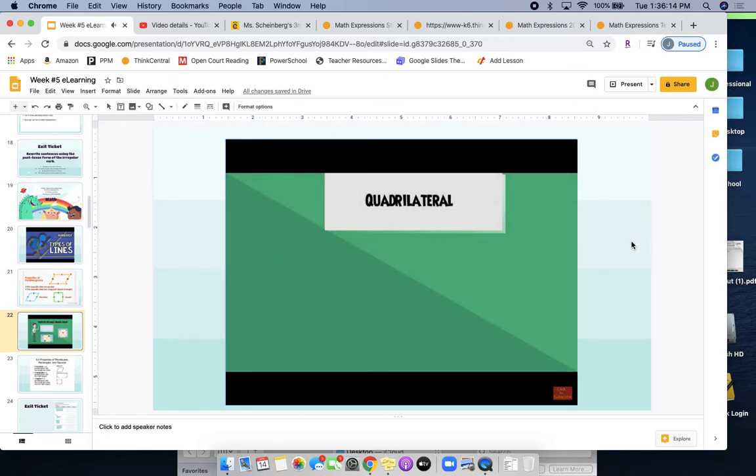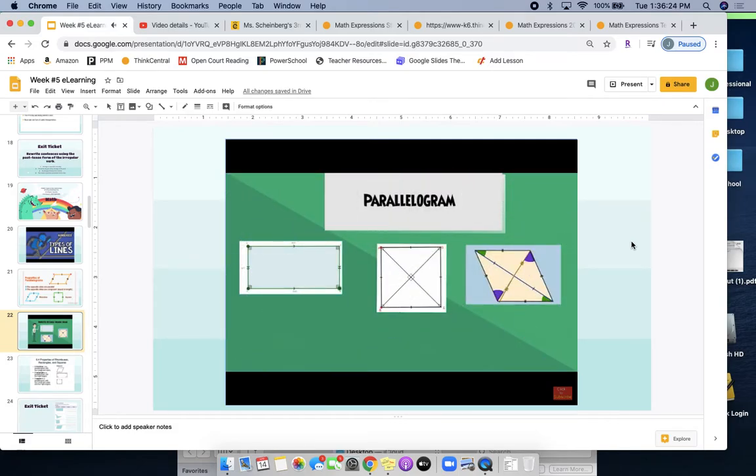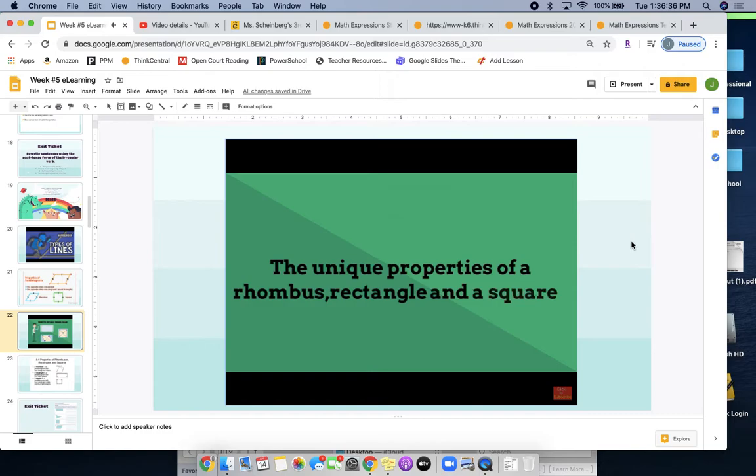They also are considered to be quadrilaterals, which means they each have 4 sides. They also are all parallelograms, which means they have opposite sides that are parallel. Let's go ahead and look at some of the unique properties of a rhombus, rectangle, and a square.